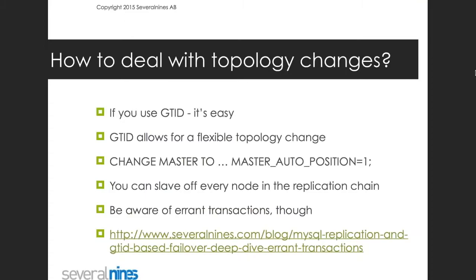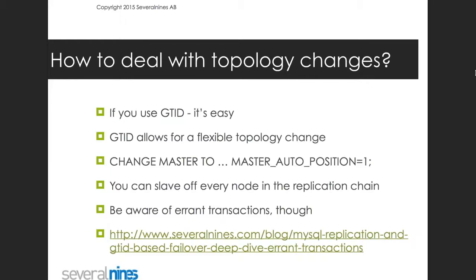So basically, if you are using a global transaction ID, it is easy. The GTID allows for very flexible topology change. What you need to do is run change master to, master host, master user, master password, master port, master auto position equal to 1.